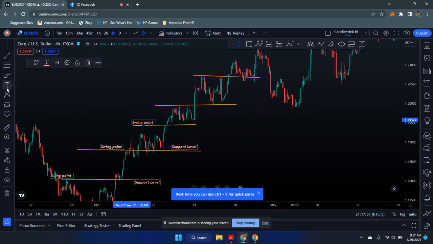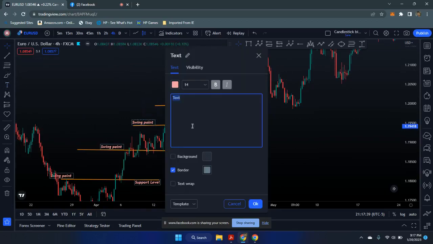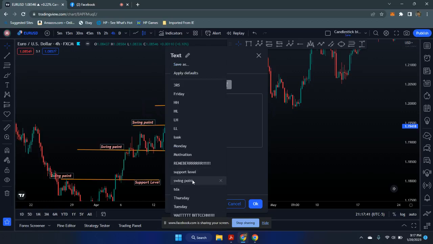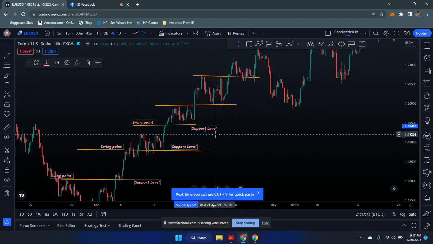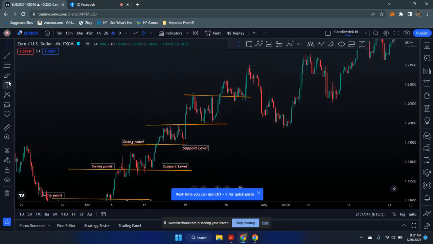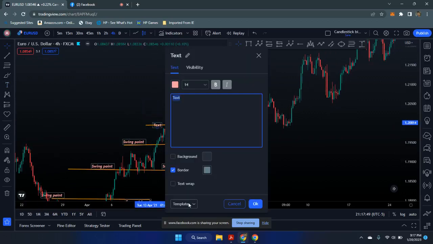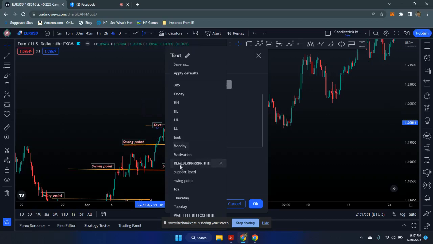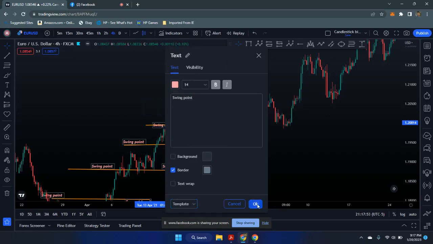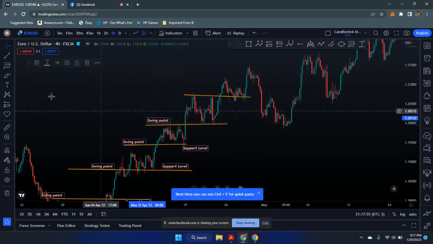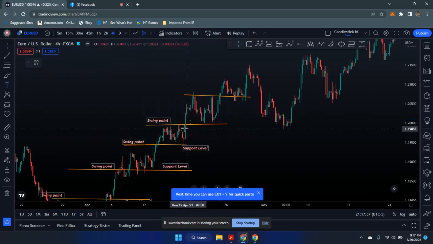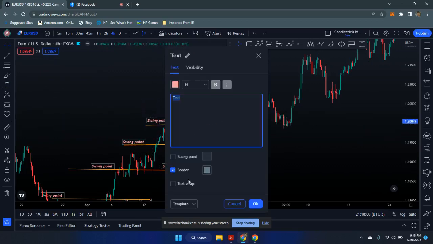And now it is a support level. Swing point. She acts as a support level.